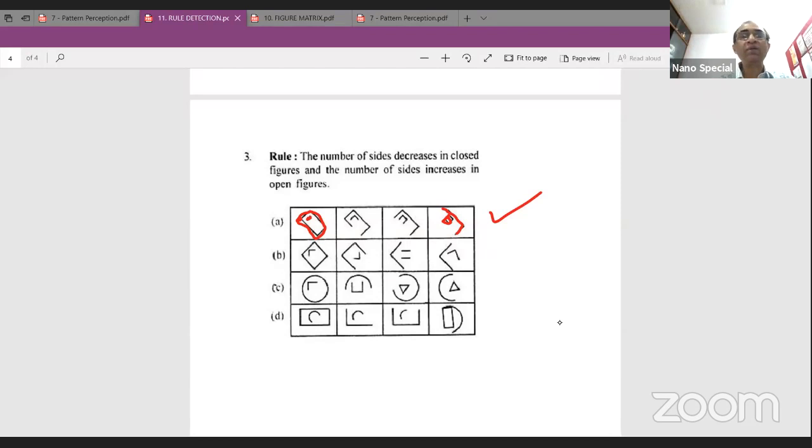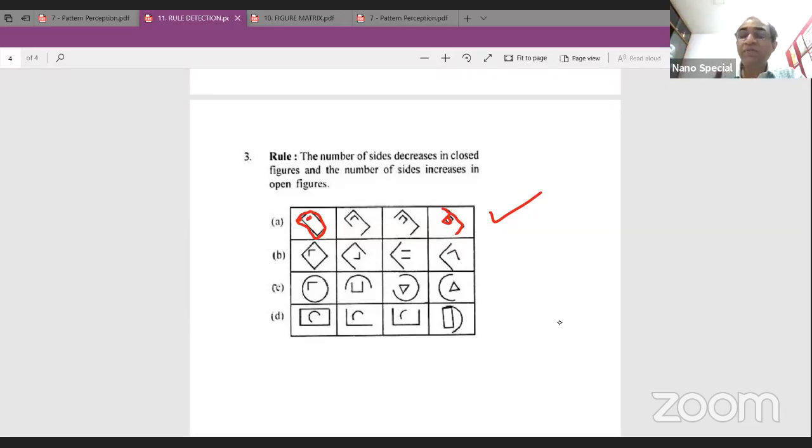So this is what is known as rule detection. So what happens here? A rule is given and you're given 4 options. You have to observe the rule carefully and you have to apply it. So again, just as in any other multiple choice questions, you should not be misled by eye catchers. There may be an option which looks almost right.